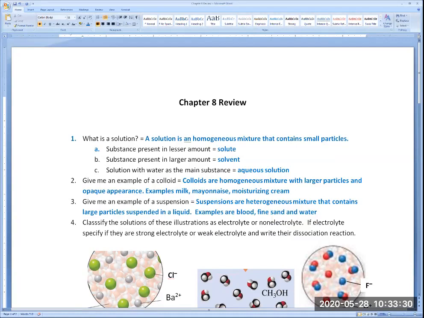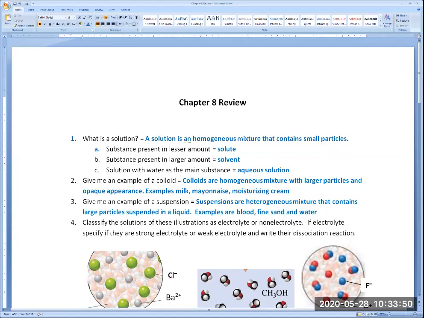So anything that has larger particles in a liquid will be a suspension. And there are many examples of that. So that's how we can differentiate solutions from colloids from suspensions.